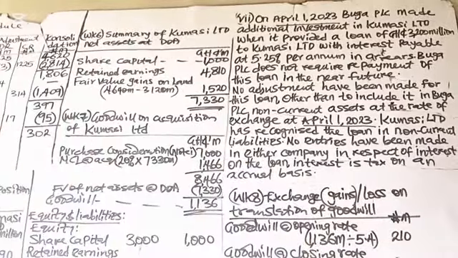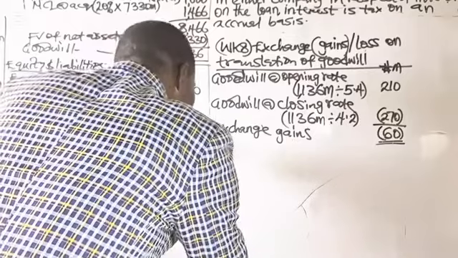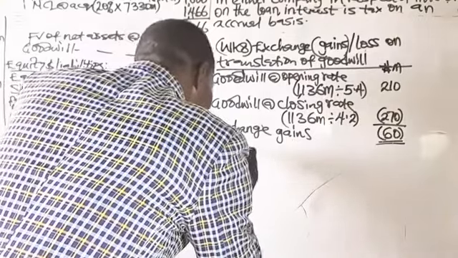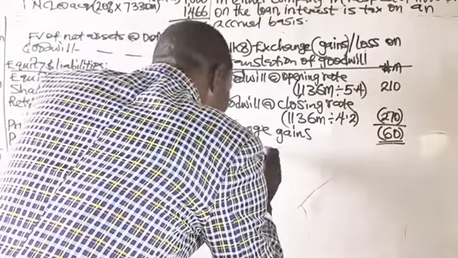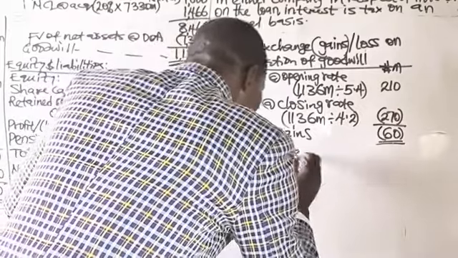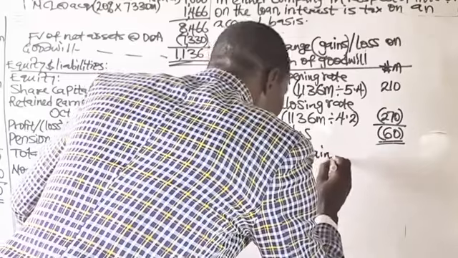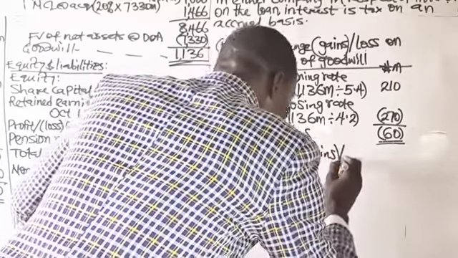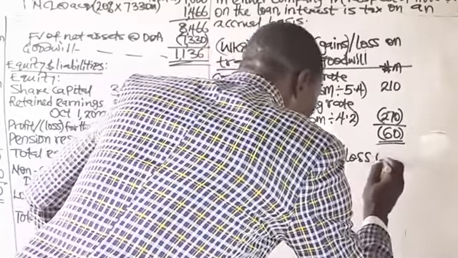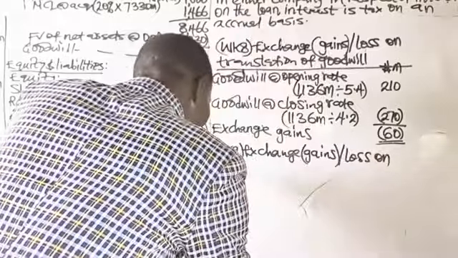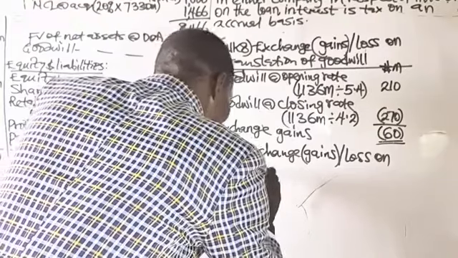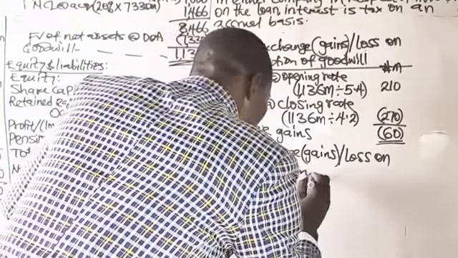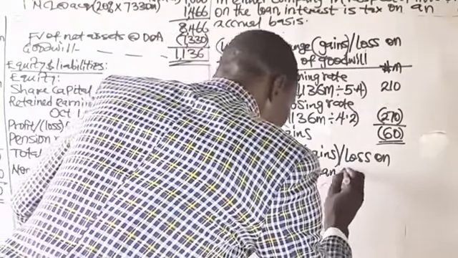Now, working number 9. Exchange gains or loss on investment in loan notes.